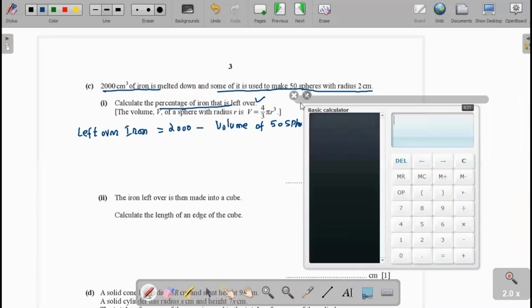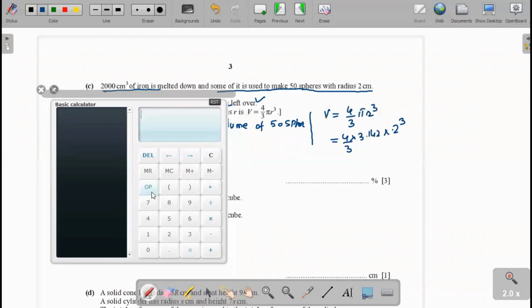Now we calculate it. 4 multiply 3.142 multiply 2 power 3 is 8. That's equal to 100.54. Now divide by 3, the answer is 33.51.